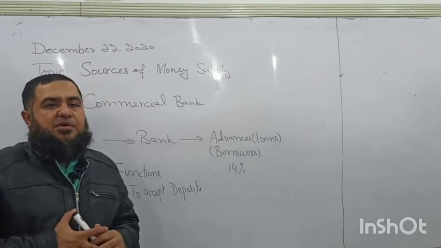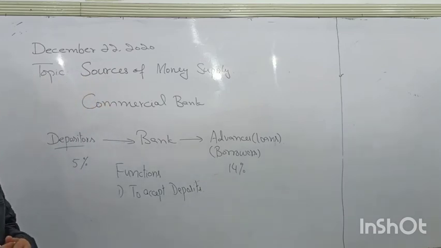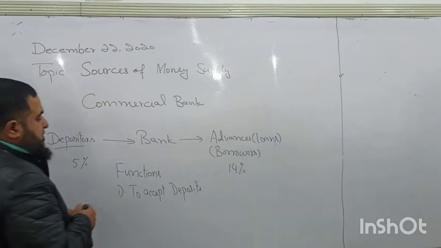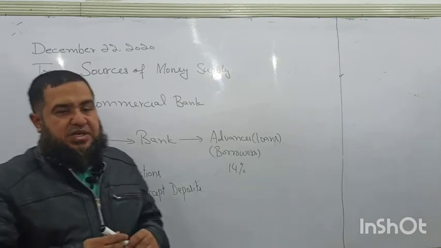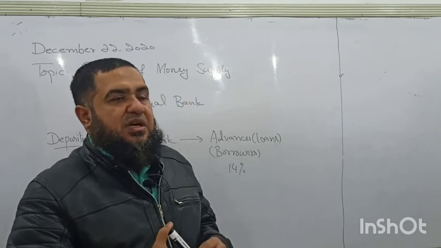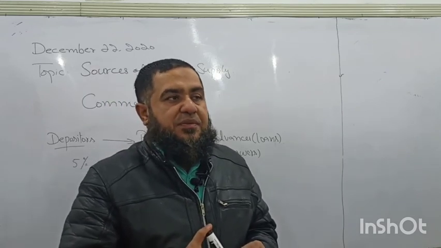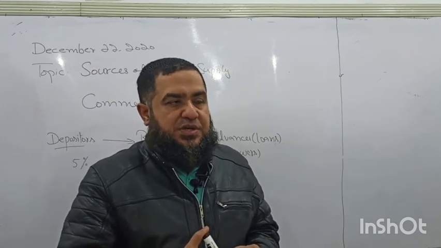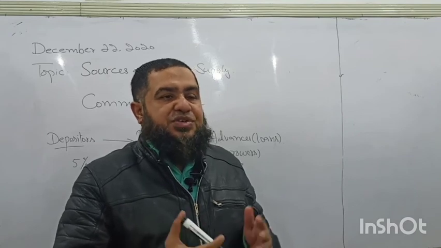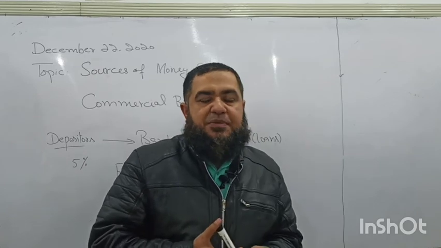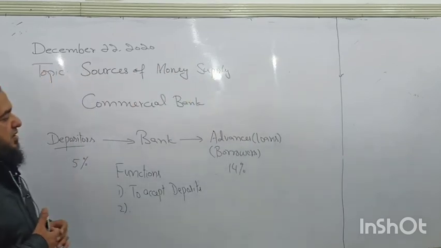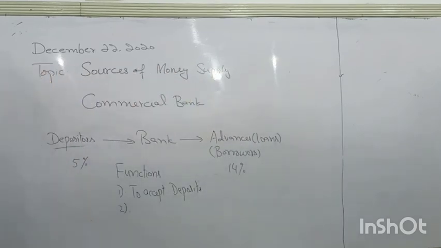The second type of deposit, which I said earlier, is the saving account, also called a time deposit, where money is kept for 3 years, 5 years, or however long people keep money with the bank.